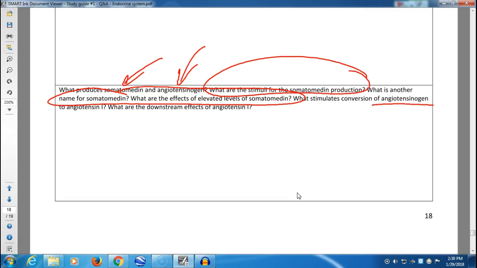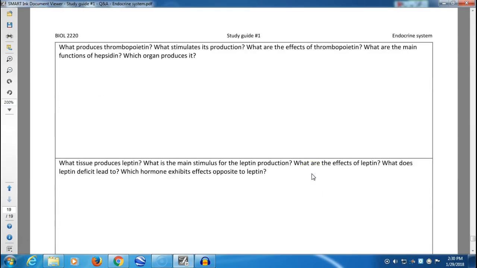What stimulates conversion of angiotensinogen to angiotensin 1? Renin converts angiotensinogen into the angiotensin 1. Downstream effects of angiotensin 1, elevated blood pressure. You see, those are like repetitive topics that we talk about. Thrombopoietin is produced by liver.